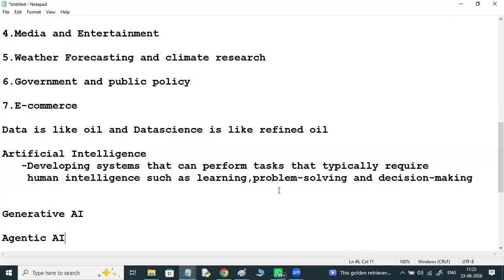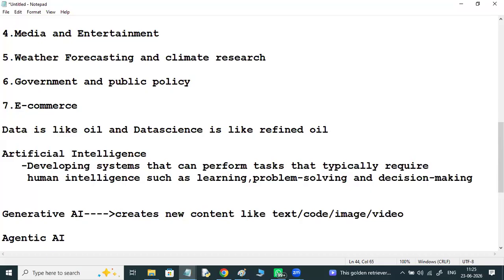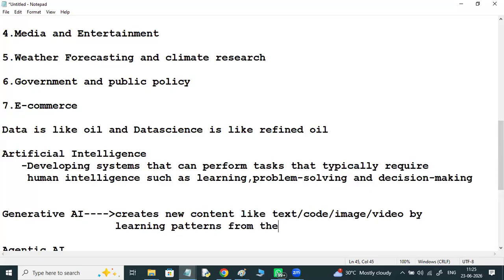It creates new content or new outputs, creating new content like text or code or image or video by learning patterns from the data, right? Yes.